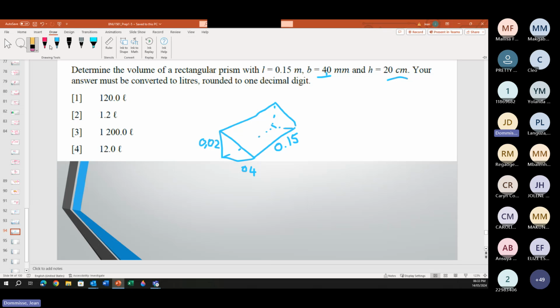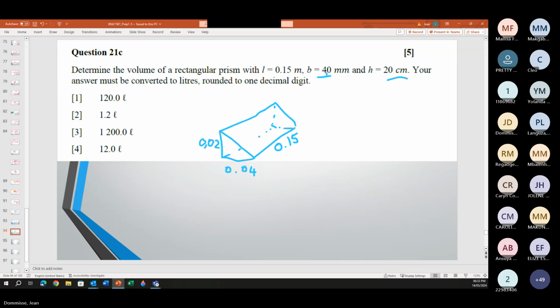That's not 40 millimeters. 40 millimeters is 4 centimeters, and 4 centimeters is... I want to say 0.004 is 4 millimeters. Can it be 0.4?